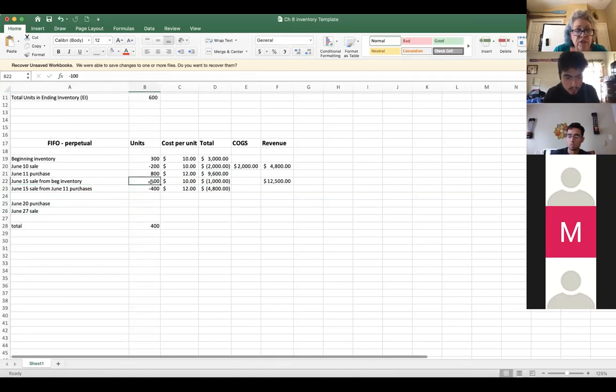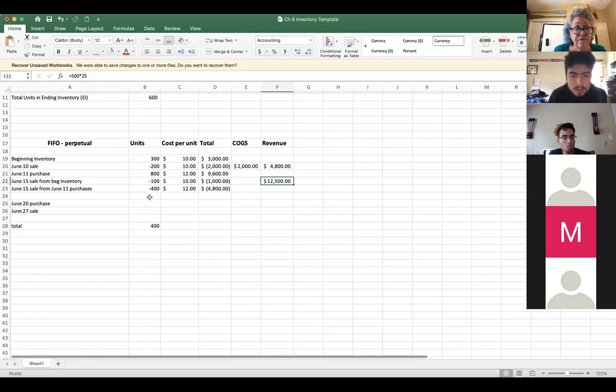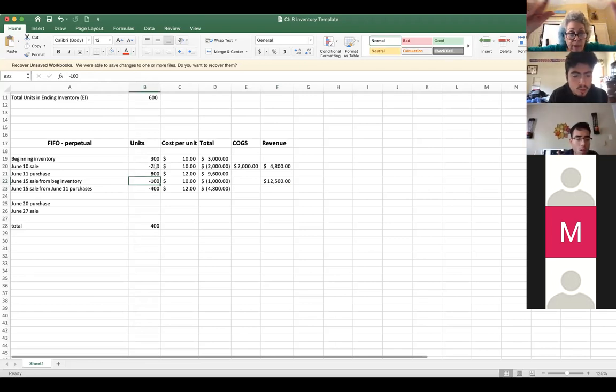All right, so we sold 500 units. We had revenue of 12,500, the 500 times the 25. And the cost of those units under FIFO was, I still had 100 units from my beginning inventory, so 100 at 10. And then the remaining 400 came from my June 11th purchase.